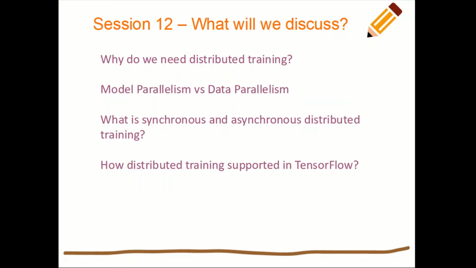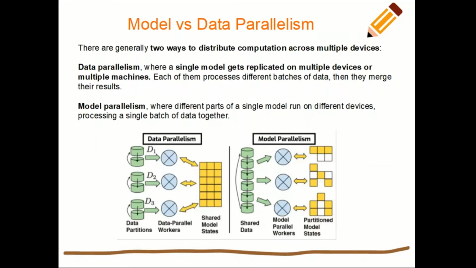Okay, so let us understand a few concepts to begin with. Let's first discuss model versus data parallelism, right? There are typically two ways to distribute computation across multiple devices.